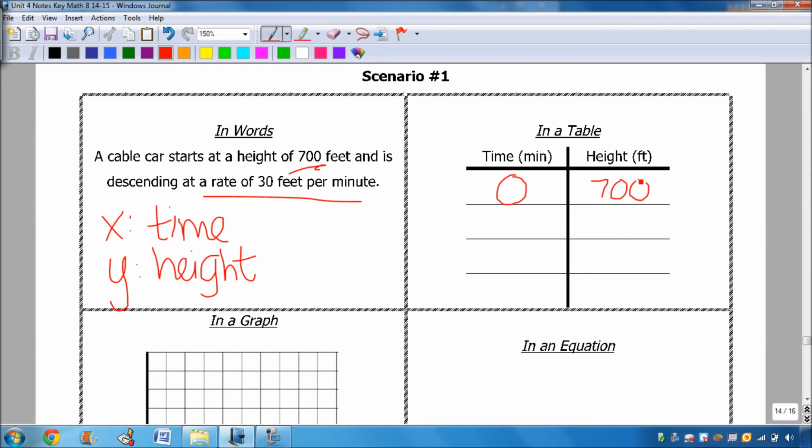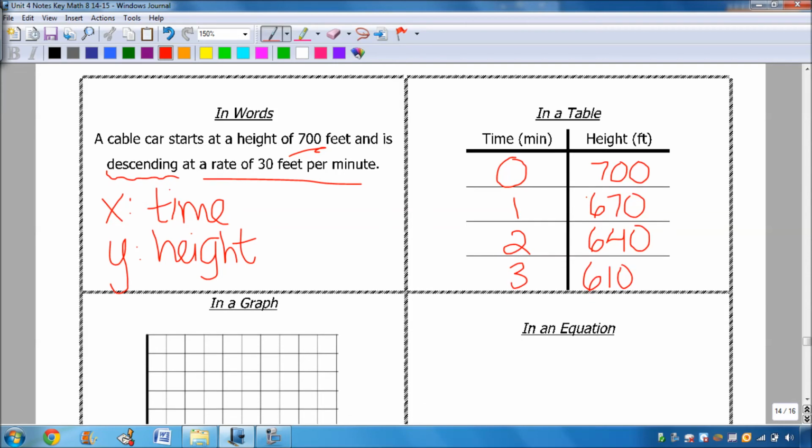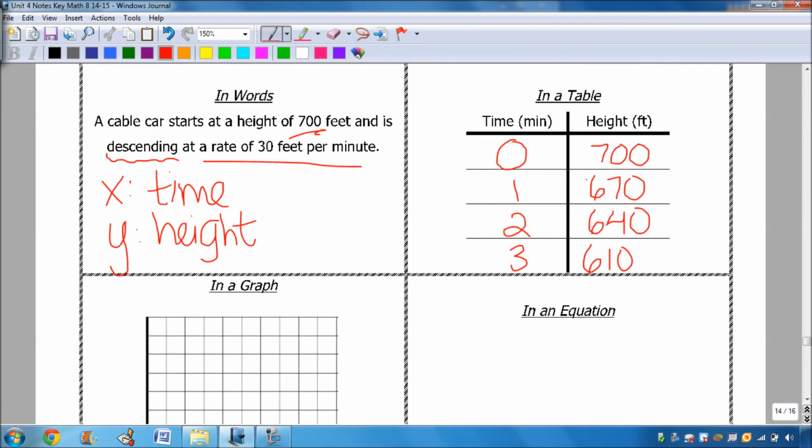Okay, after 1 minute passes, it's 30 feet lower because it's descending at a rate of 30 feet per minute. So now it's at 670 feet. Okay, after 2 minutes, it's at 640 feet. And after 3 minutes, it's at 610 feet, so on and so forth. So that's how you represent it in a table.